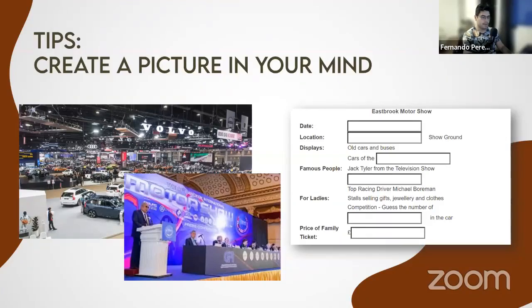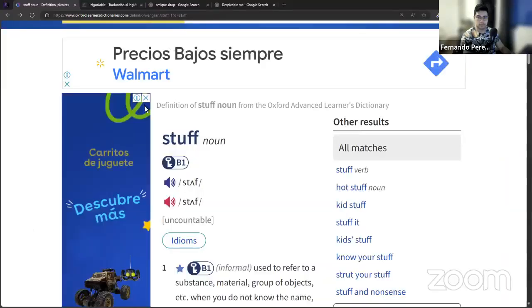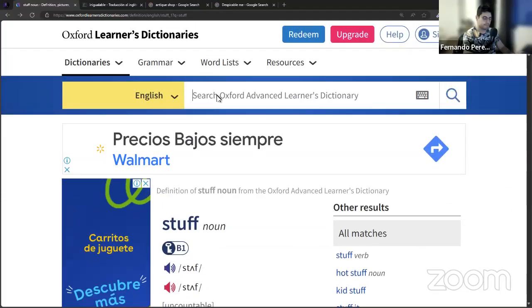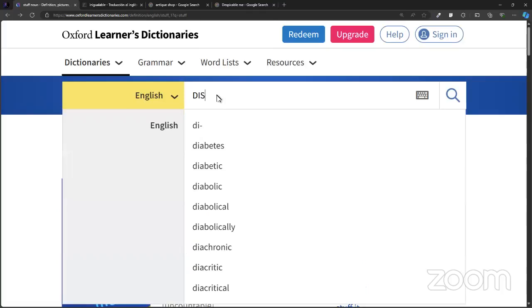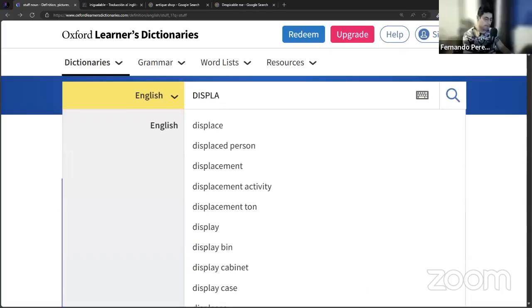I think we need the definition for displays, the definition for stalls, and the definition of jewelry. Does anybody have questions apart from those three words? Yes, teacher. Tell me, Angie. What does displays mean? Perfect. Let's start with that one.